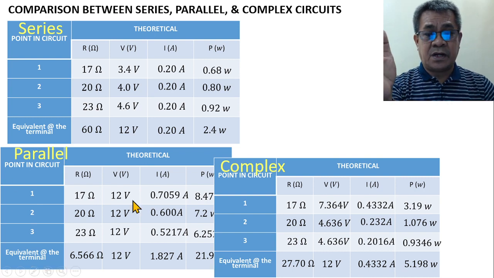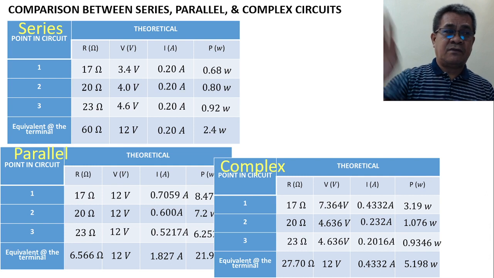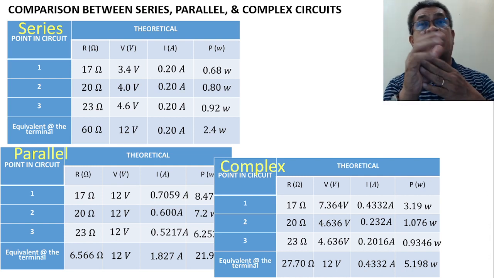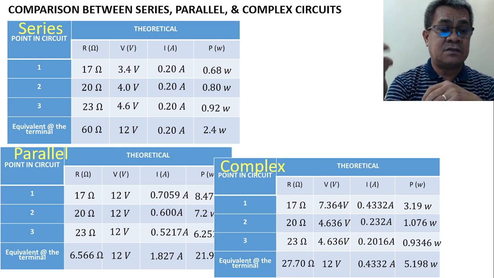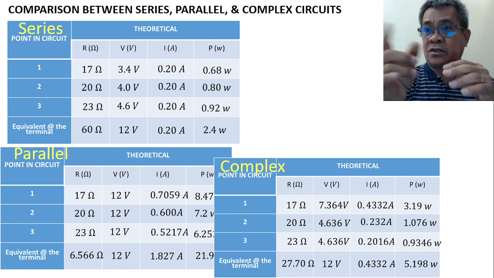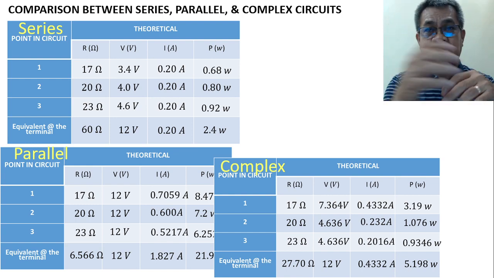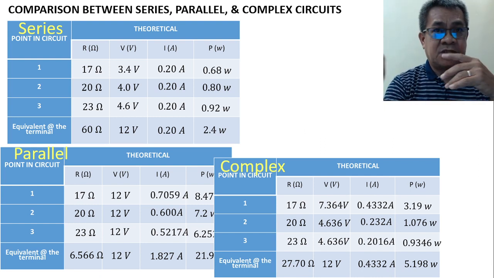But the advantage of parallel is, in the case of residential use, we always use 220 volts, and it is compatible with the appliances. You cannot use series, because if you connect in series, you are adding voltages. If you connect two electric fans in series to the source, your appliance will not work well.